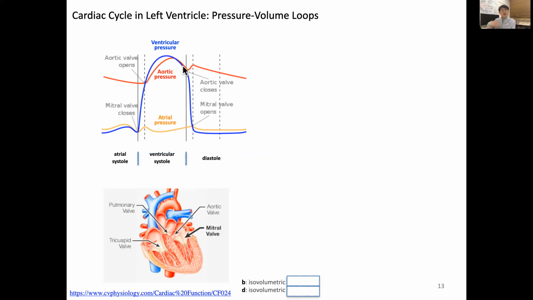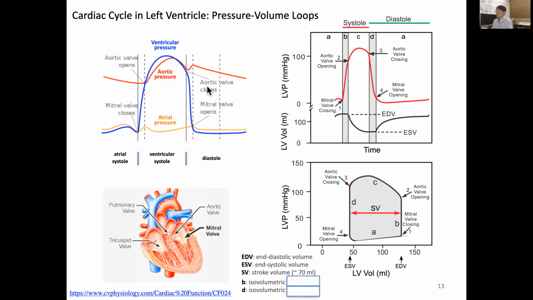And let's look at this in terms of pressure and volume together. So let's see, as I alluded to here, the mitral valve closes at this point number 1. This y-axis is left ventricular pressure, and we also consider left ventricular volume, how the volume changes. So when the mitral valve closes, both the mitral and aortic valves are closed.